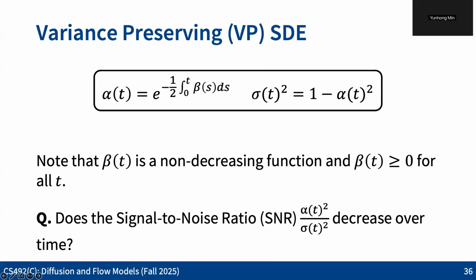But here, this definition of the alpha and sigma functions should satisfy our condition, which is that the signal-to-noise ratio, the SNR, should be decreasing over time. The question is, is this really true in this case? Can you see whether this SNR is decreasing over time for this definition of the alpha and sigma functions?